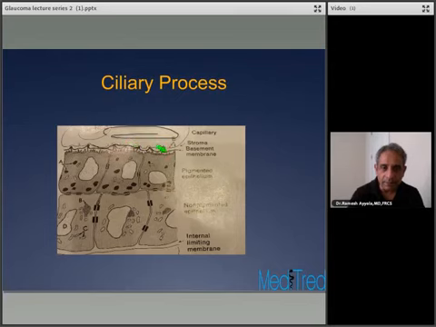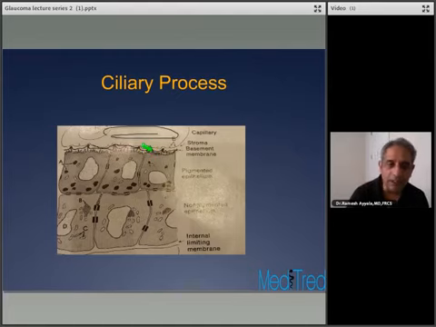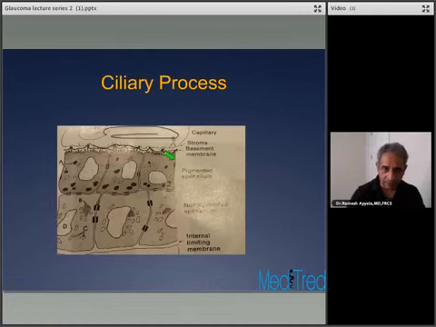Now remember, this basement membrane is a continuation of the Bruch's membrane that separates the choroidal blood vessels from the retina. So this basement membrane is the anterior extension of Bruch's membrane, and this is followed by the pigmented epithelium, which is the anterior extension of the retinal pigment epithelium itself.